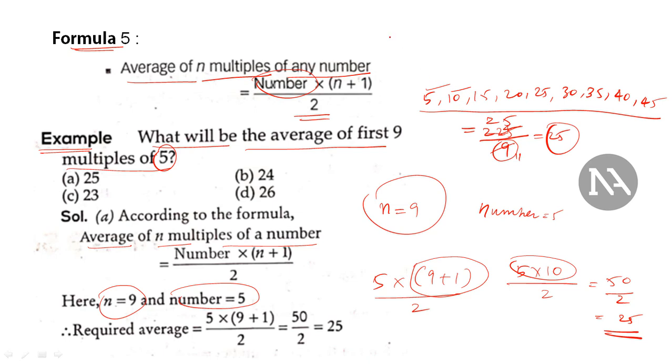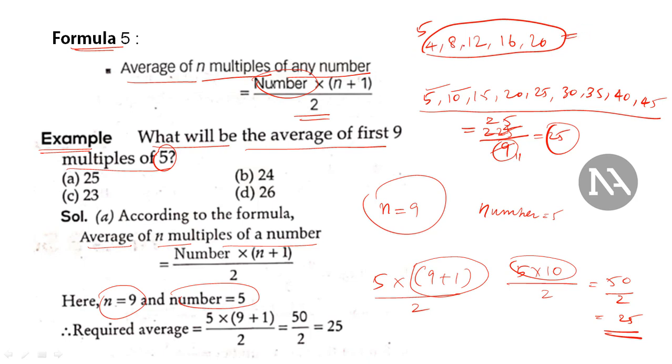Similarly, I can tell you first 5 numbers which are multiples of 4: 4, 8, 12, 16, then 20. If I take the average for these numbers, first I have to add all these numbers.